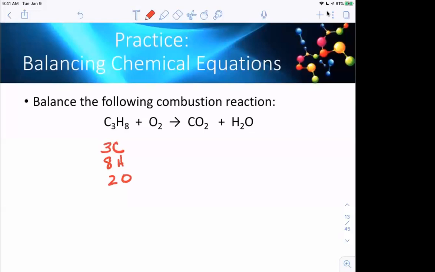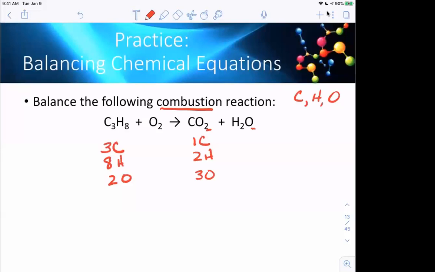On this side, I have 1 carbon, I have 2 hydrogens, and I have 2 plus 1 is 3 oxygens. So these guys, which are combustion reactions, I balance in the order of CHO. It makes it easier for this type of a situation to do that.